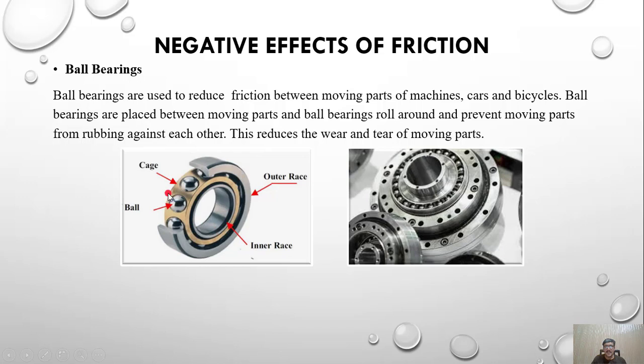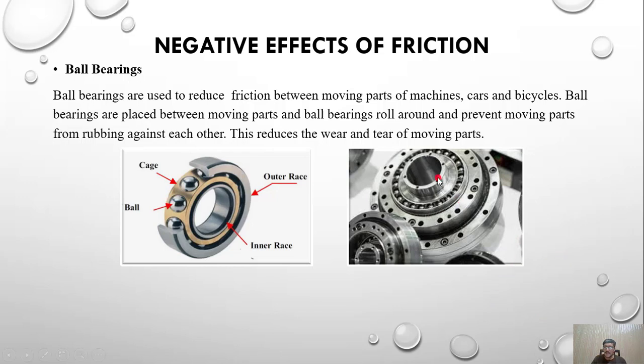is the inner race, and in between this you have balls and a cage. These balls and cage will rotate between these two races, that is the outer race and the inner race. So what will happen when we use such ball bearings in the moving parts of machines or in cars? It might be possible you have seen such ball bearings in different vehicles and in different parts of machines as well.